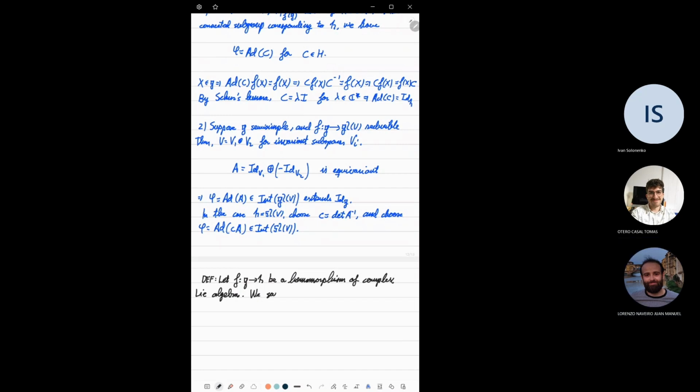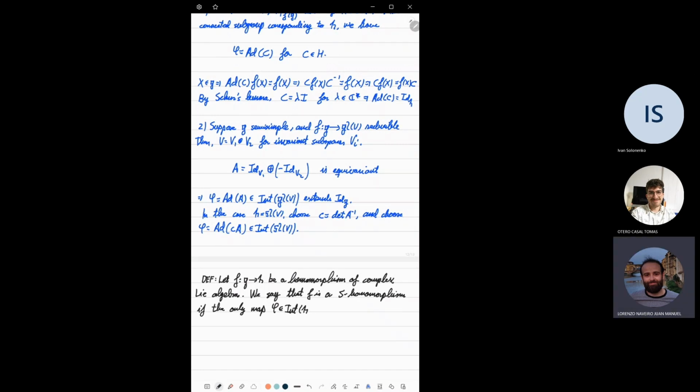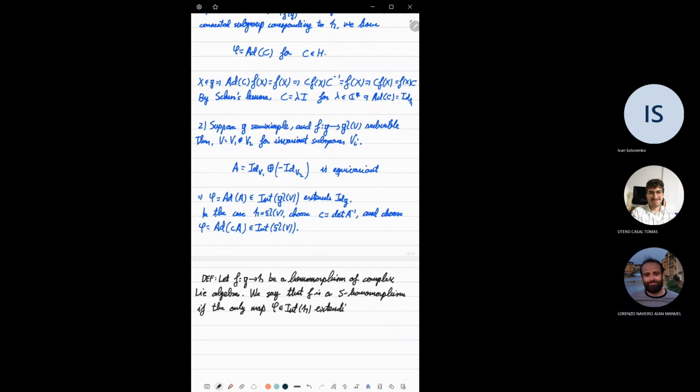So we say that F is an S homomorphism if the only phi that is an inner automorphism that extends the identity is also the identity.